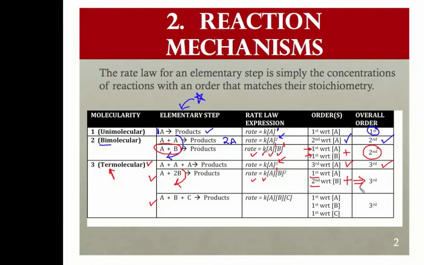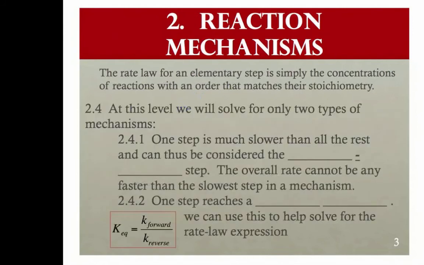Second with respect to B, we add those up, and that gives us third order overall. And then A plus B plus C is first with respect to each of these. And so first order with respect to A, first order with respect to B, first order with respect to C, and that's going to give us an overall third order reaction.